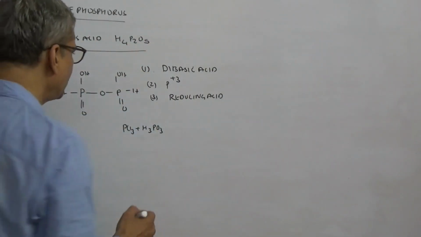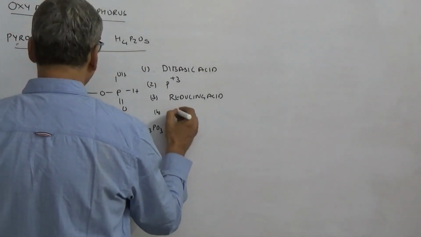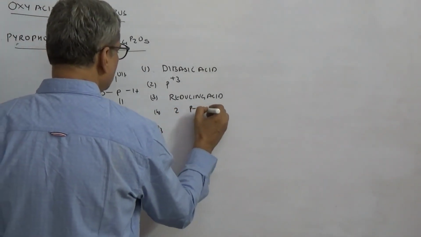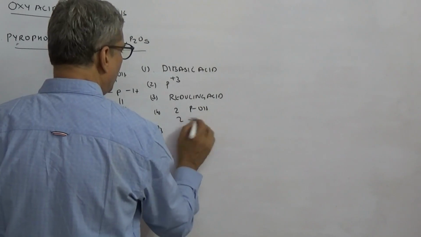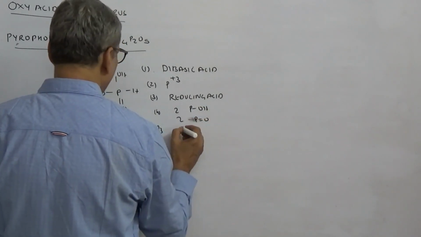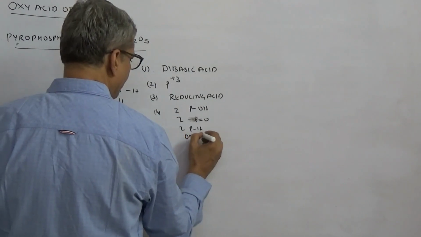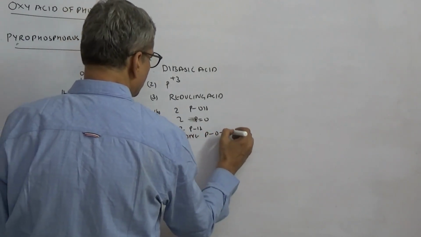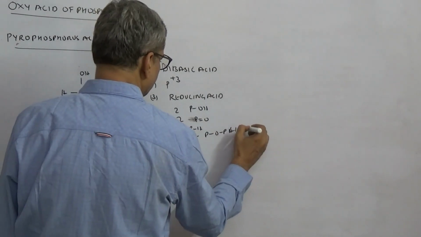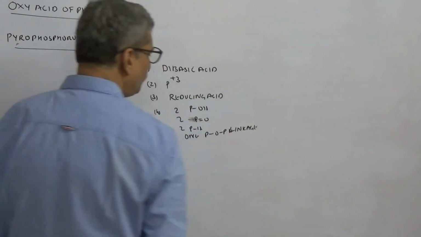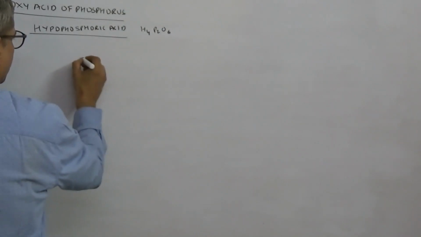Is this clear? I can write the calculation. It has 2 POH linkages, 2 P double bond O linkages, 2 PH linkages and 1 POP linkage. Hypophosphoric acid. The structure is something like this.